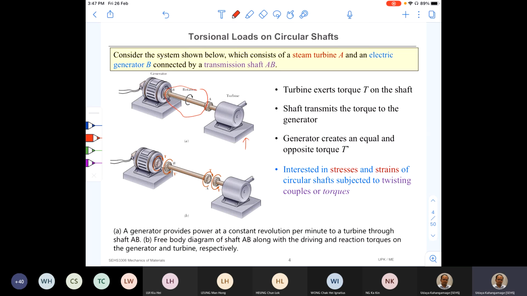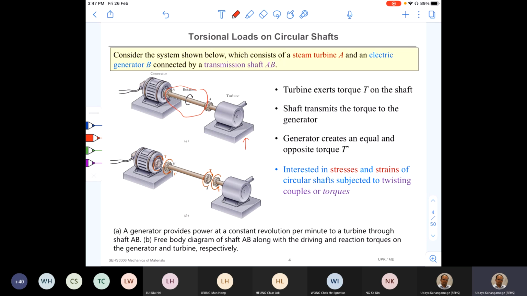At the same time, it should be as light as possible, economical. Right? To design this kind of shaft, we need to have the knowledge of the internal resistance created by the material for the applied twisting moment, the torque. And also, we need to know what the deformation is.